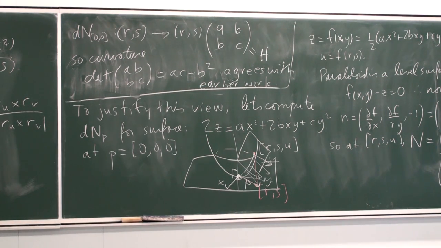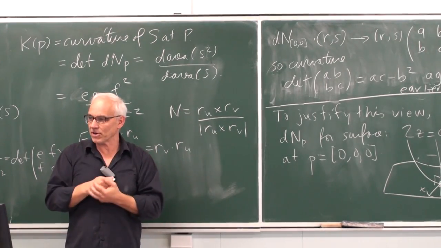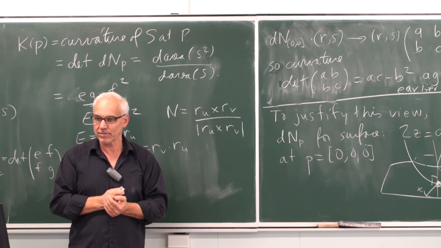So basically, we've convinced ourselves that Gauss's insight is correct for a normal paraboloid. And since it's correct for a normal paraboloid, by our usual approximation argument, it's going to be valid for a general surface. Because a general surface, up to the terms that we're considering, is basically a normal paraboloid.